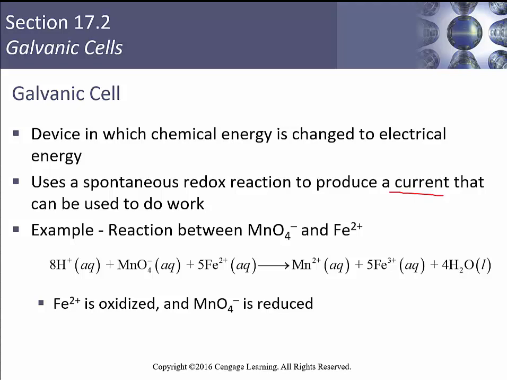So if I've got a reaction between manganese oxide and iron, right, and we balance it out in solution, we're going to have manganese oxide and 5 irons giving us manganese 2+ and iron 3+, right? So iron went up, it was oxidized, our manganese went down, so it's got to be the reduction. Iron is oxidized, manganese is reduced.